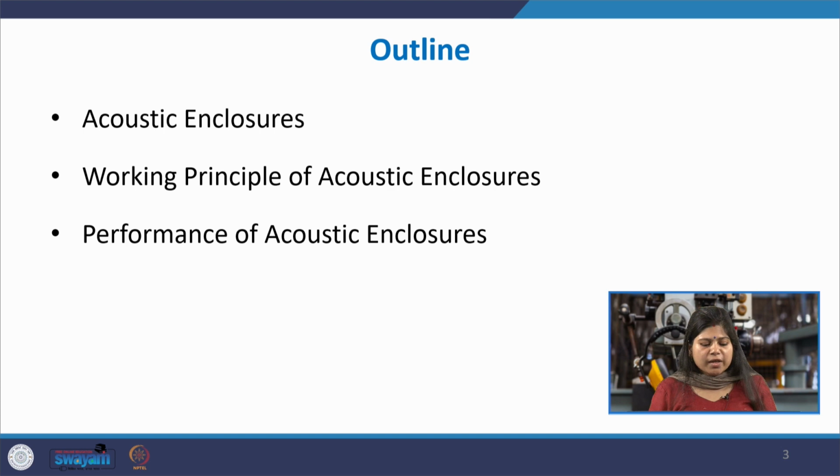So, let us see what acoustic enclosures are, their working principle and their performance measurement.